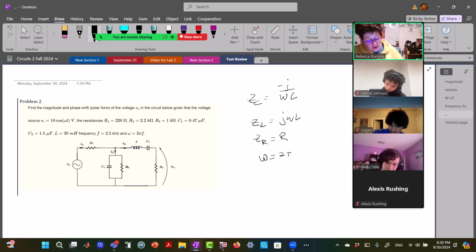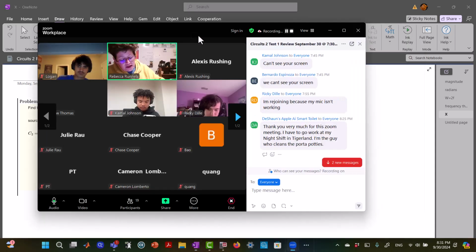Omega will be 2 pi times 2.5 kilo, so 2.5 times 1,000. I'd like everybody to work this, and then we'll get back together and see how many mistakes I made.